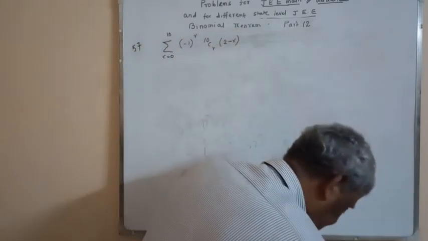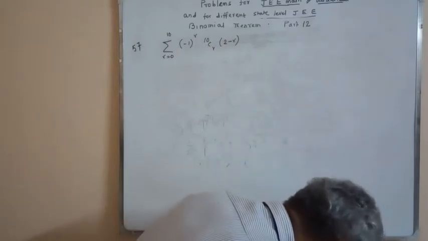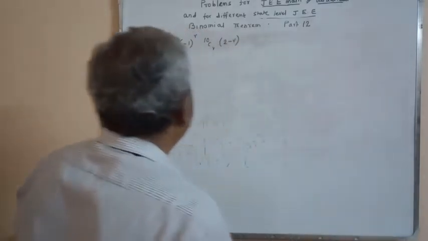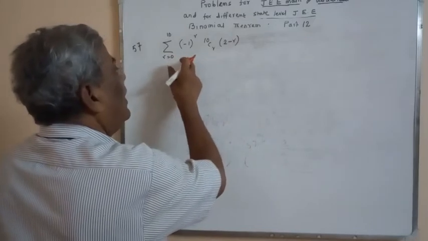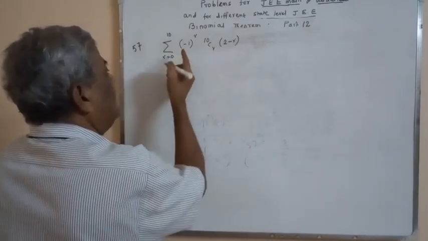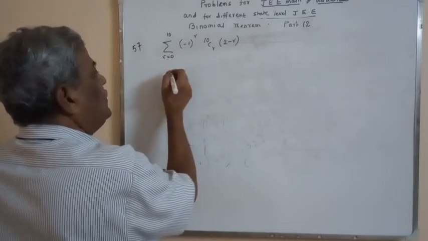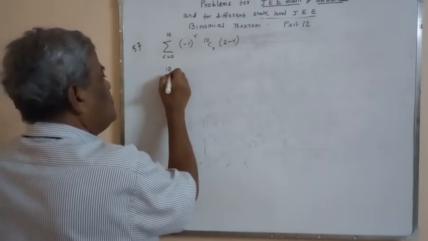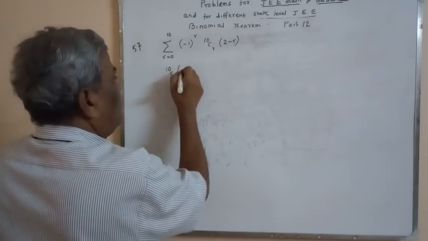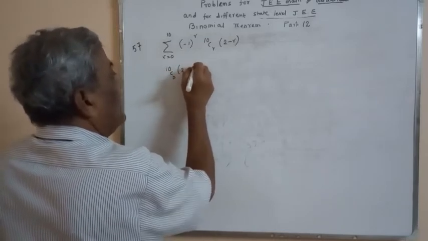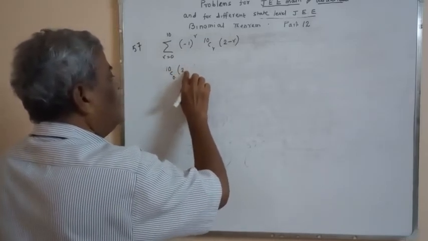Expanding it, it is equal to minus 1 to the power 0, that is 1, 10C0, 2 minus 0, only 2.